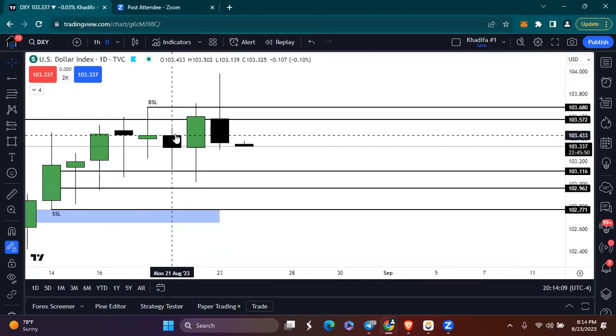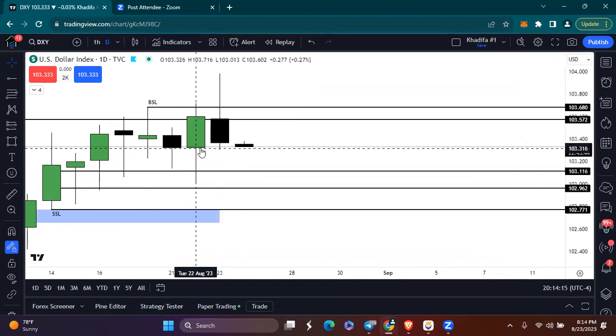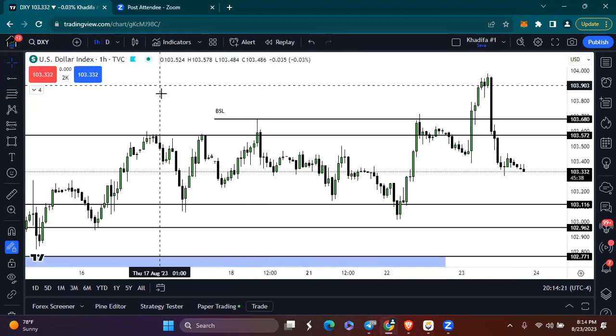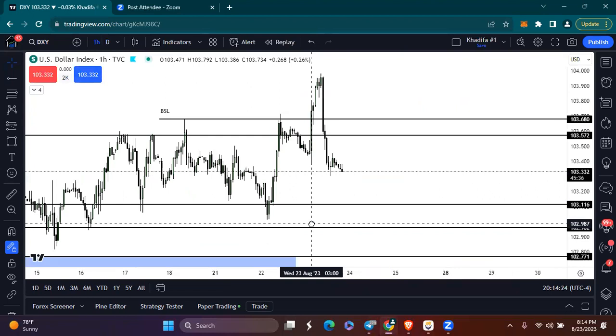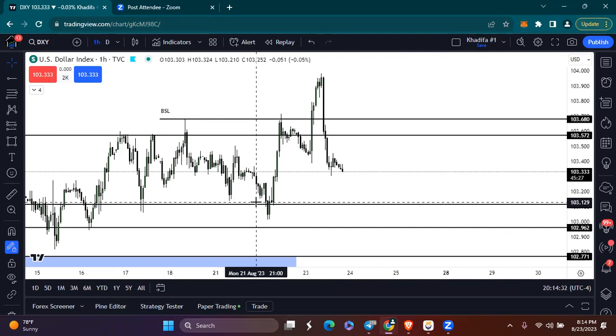We opened up here Monday, pulling down towards those levels. And then let's go down to the hour time frame. Let's go to Monday night. Monday night we was here, right?